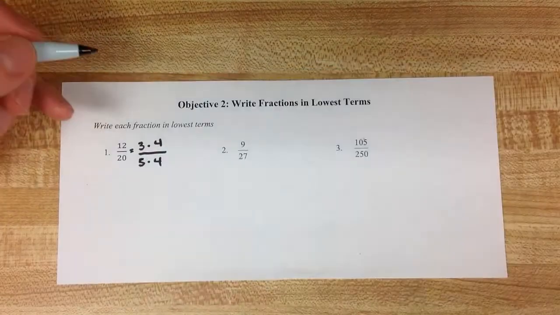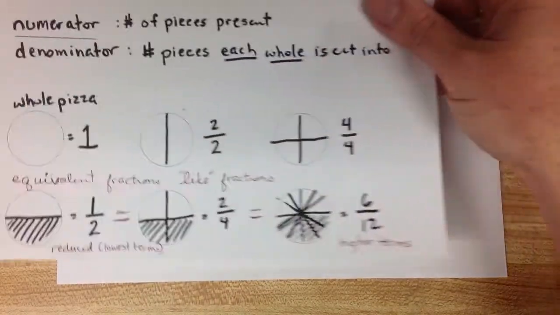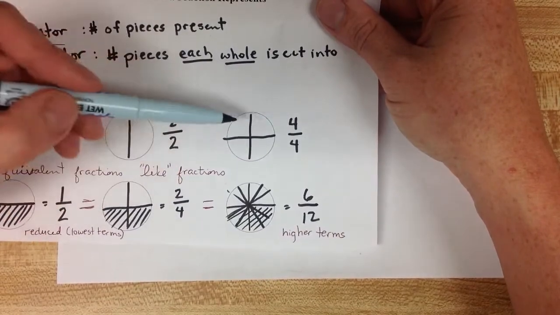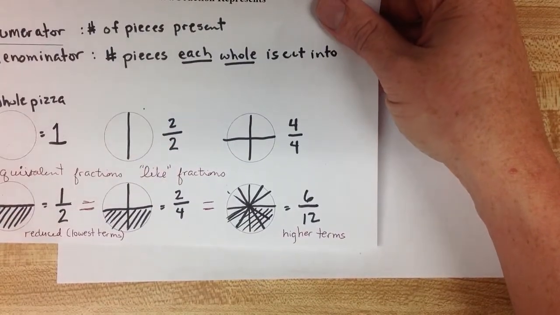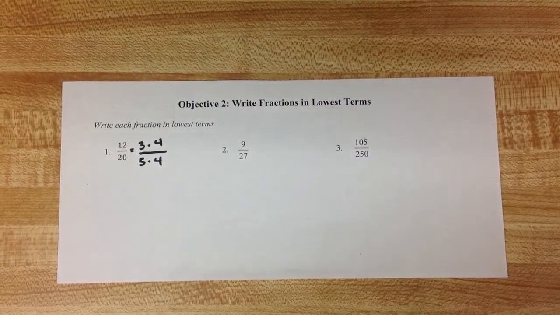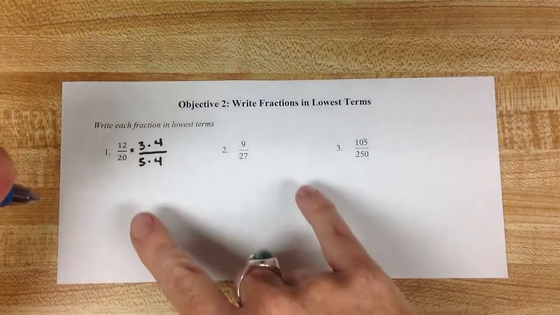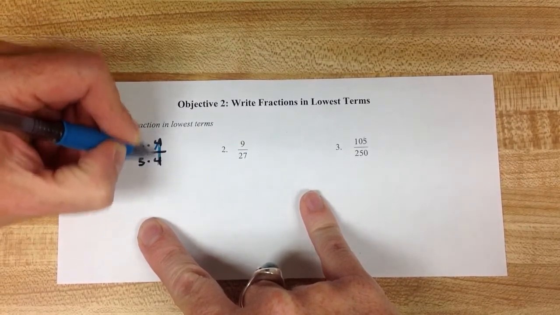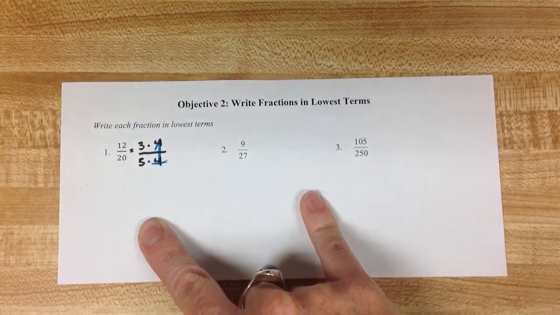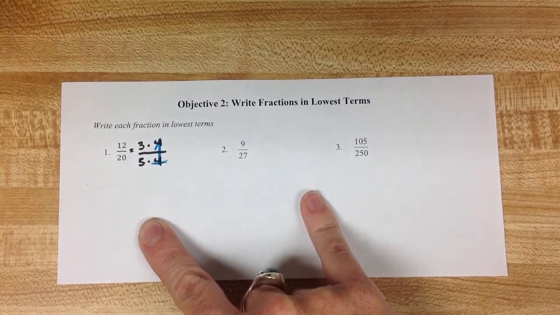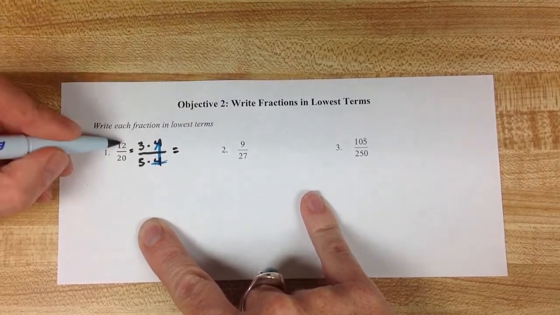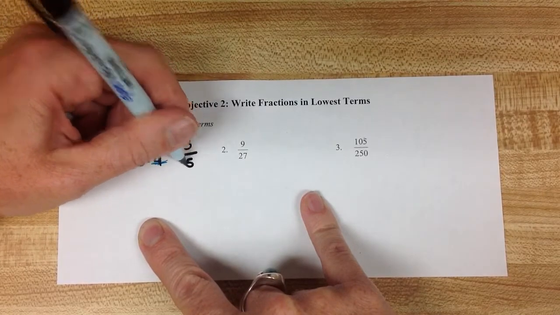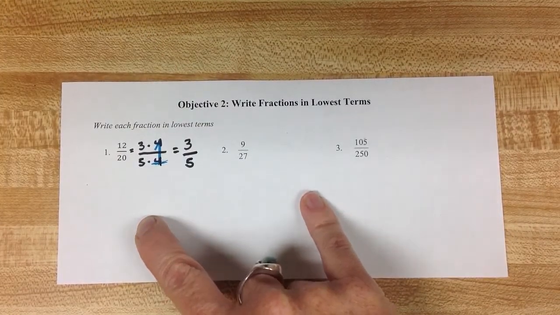And if you remember back to this picture again, 4/4 is just another way of saying 1, or the whole pizza. So this 4/4 right here becomes a giant number 1. Hope that shows up enough for you. So 12/20 could be reduced to 3/5.